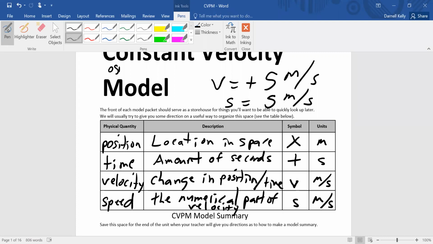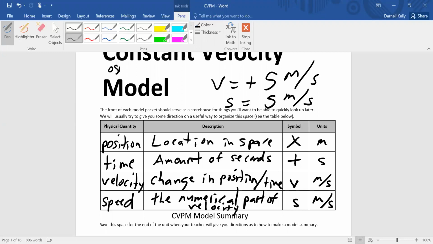Measurement of moments. For the sake of argument, we'll just write an amount of seconds here, because we're always going to measure it in seconds. Units: T, seconds.